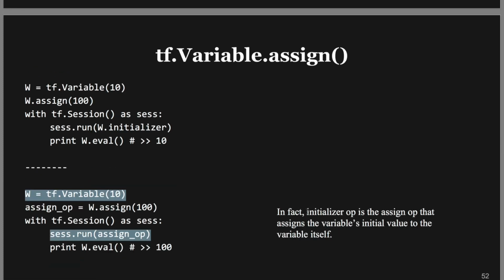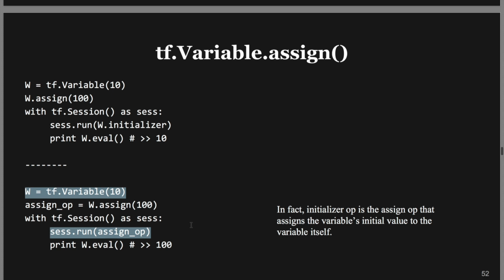So the initializer op is the assign op that assigns the variable's initial value to the variable itself. When we are calling the initializer op, what is actually happening is that the assign op is being called, and whatever value there was, which is 10 in this case, gets assigned to w. So it's one and the same thing.